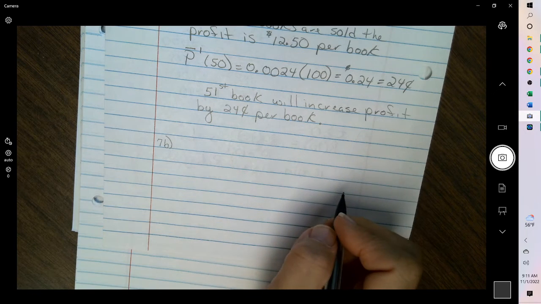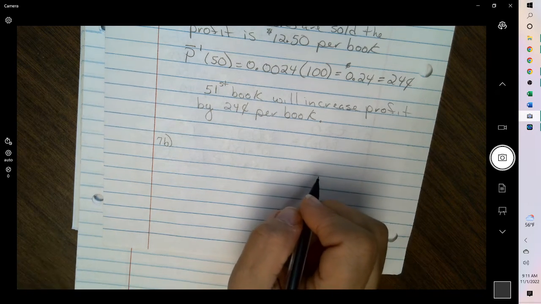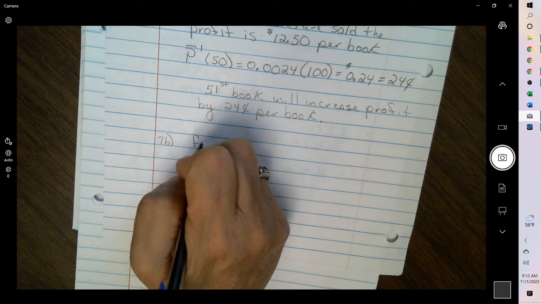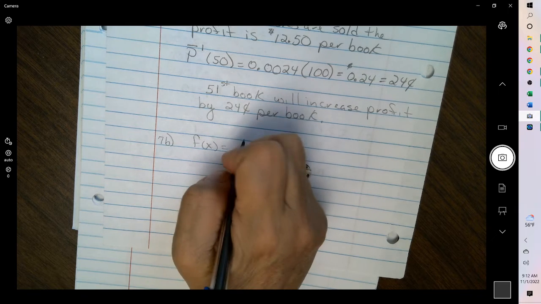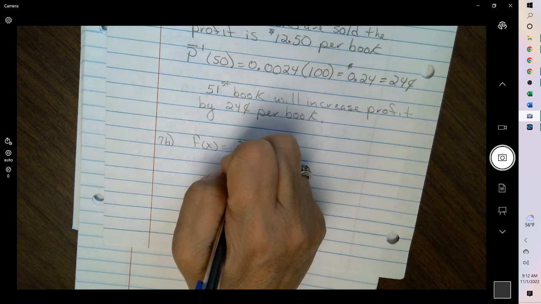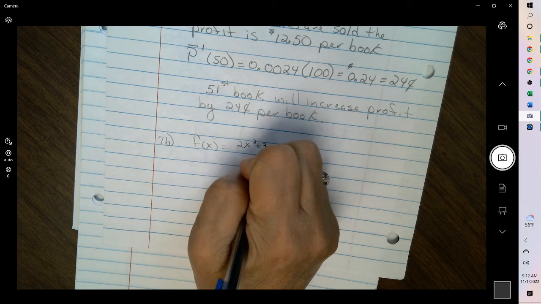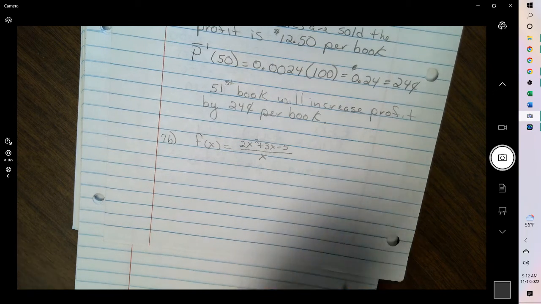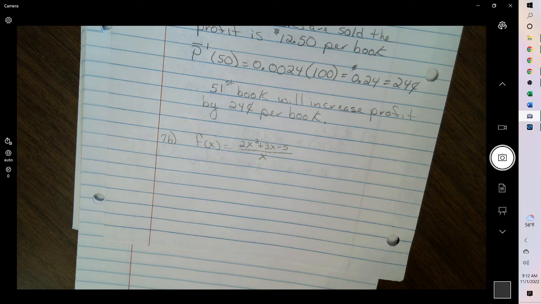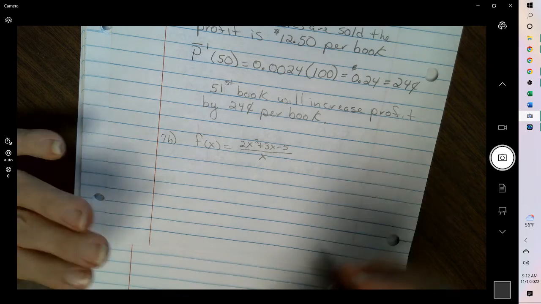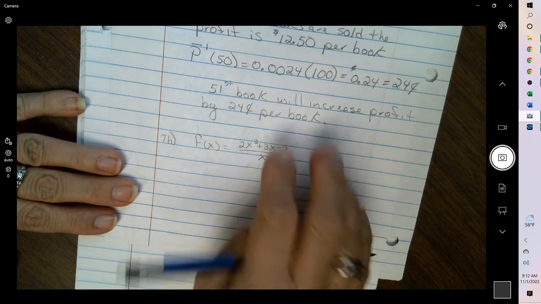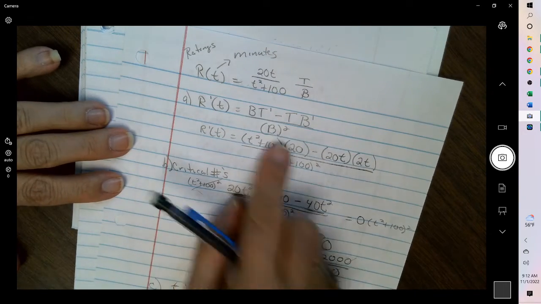One other question students had was on 7B. It was a fraction, and it said first you take the derivative with the quotient rule, which I think everyone's fine with. And we just did one here, so it would be that.